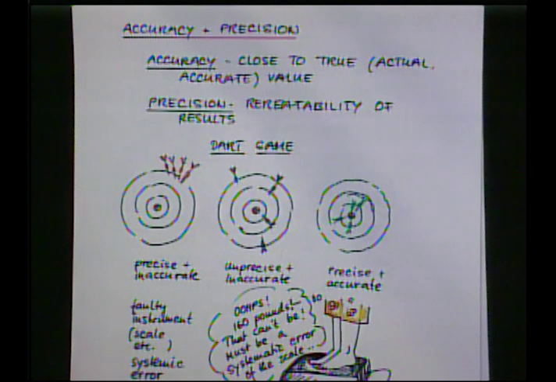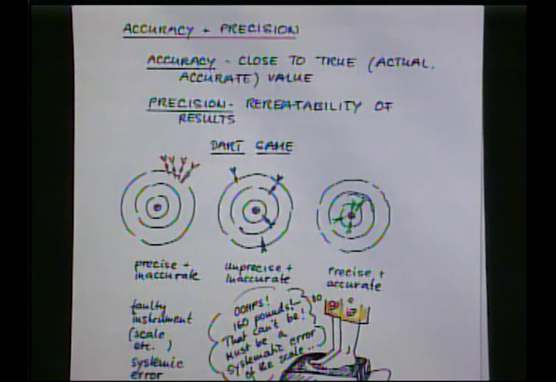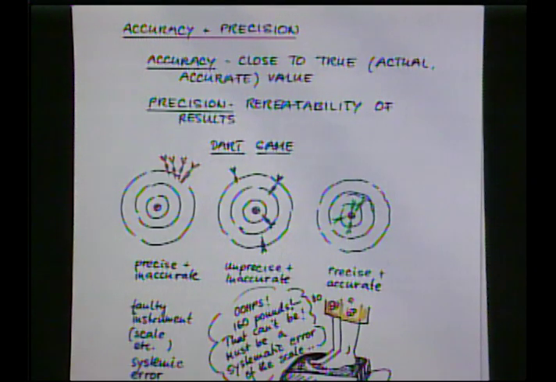Accuracy and actual somehow start with the same two letters. So we can say accuracy means how close are we to the real, actual value. Precision means how repeatable are my measurements in giving me accurate results.